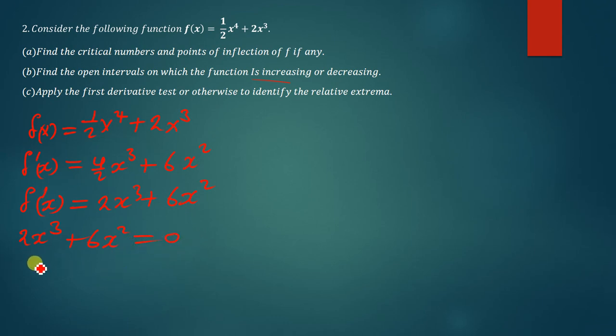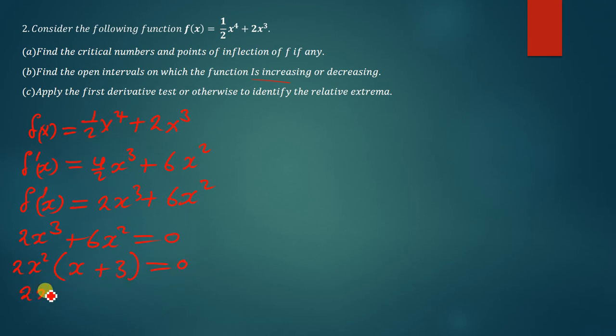So we solve this equation by factorizing the common factors in this expression. 2 can go into 2 and also into 6. x squared can also go into the first term and the other term. So we're going to have 2x squared being common, and then here you're going to remain with x, and on this part we're just going to remain with 3. Then this will be equal to 0.